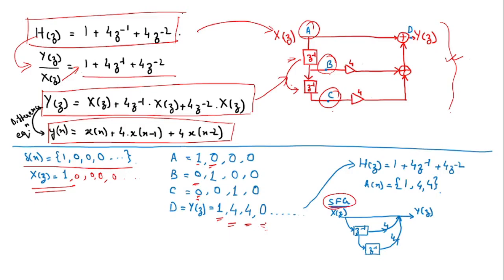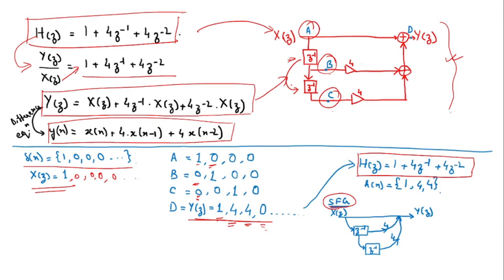Okay. So once we get this Y(z) equals to this one, if you perform the inverse z transform, you get back the original transfer function. So if you are provided with the transfer function, you should be able to determine the impulse response of the system.